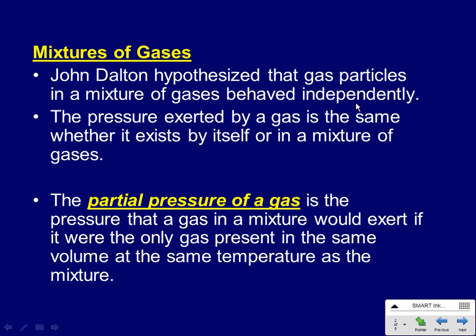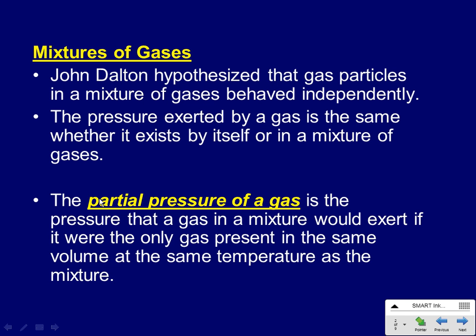So gases behave as if they're existing on their own in a big space, no matter how many gases are in that space. And that's what John Dalton hypothesized. The pressure exerted by a gas is the same whether it exists in a mixture or by itself in that space. So we have a term called a partial pressure.